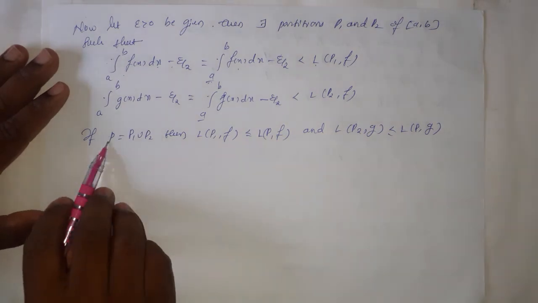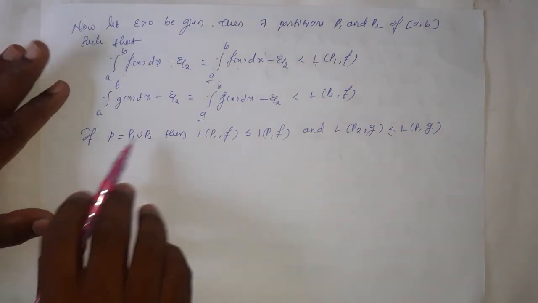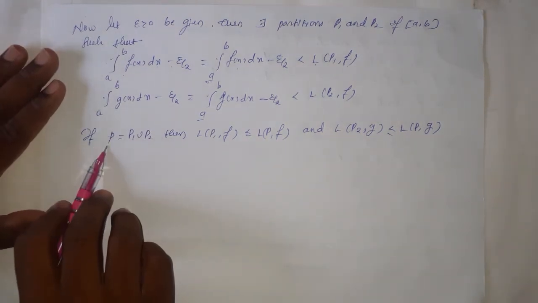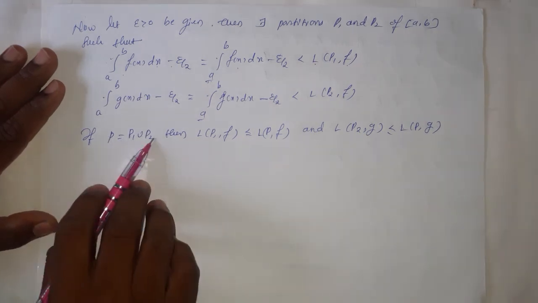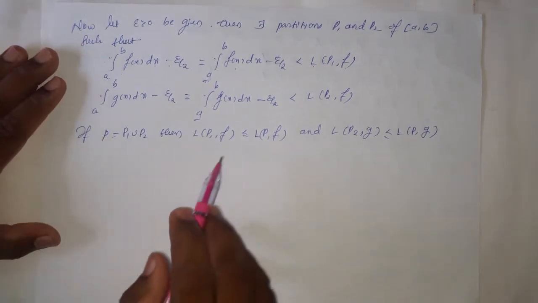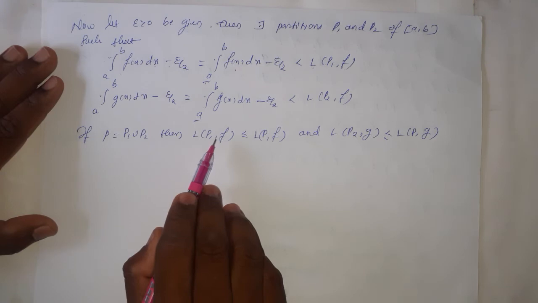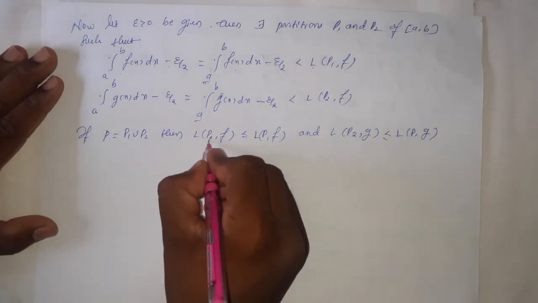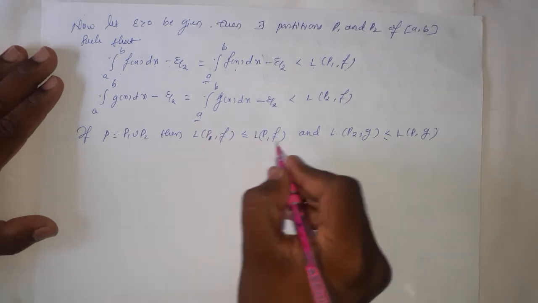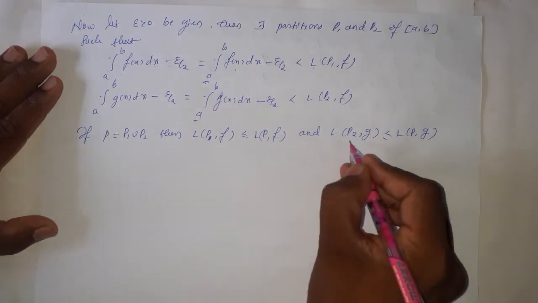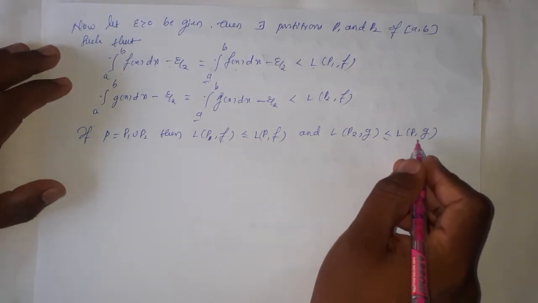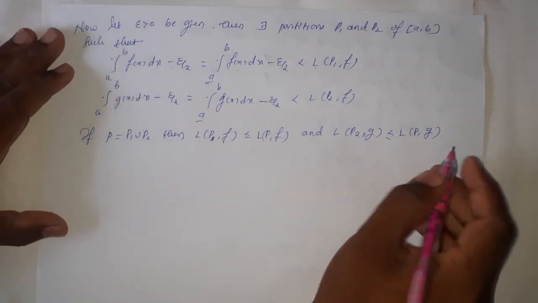Now P is the union of these two partitions, meaning P is the refinement of these two partitions, because that is the greater partition. Therefore L(P1, f) is less than or equal to L(P, f) and L(P2, g) is less than or equal to L(P, g), for the partition P.